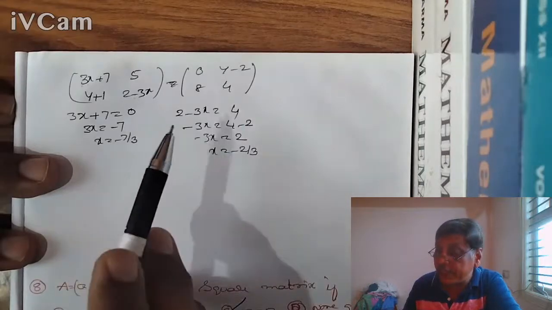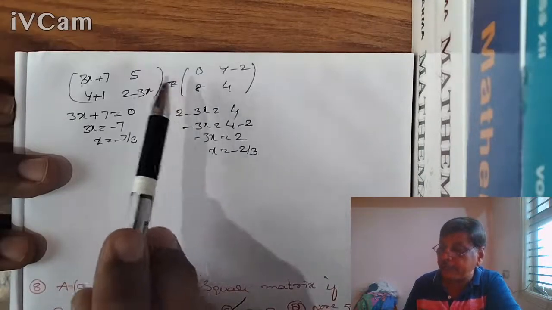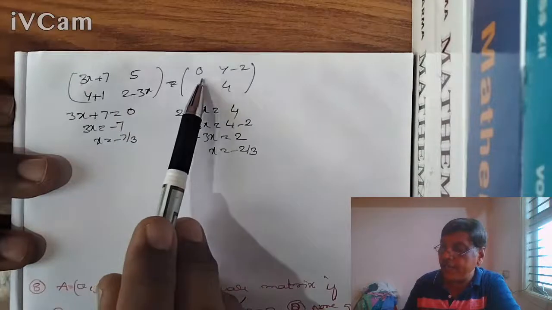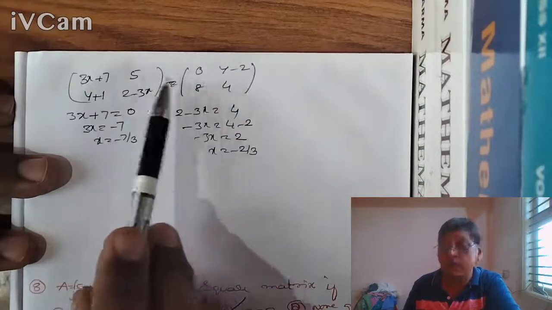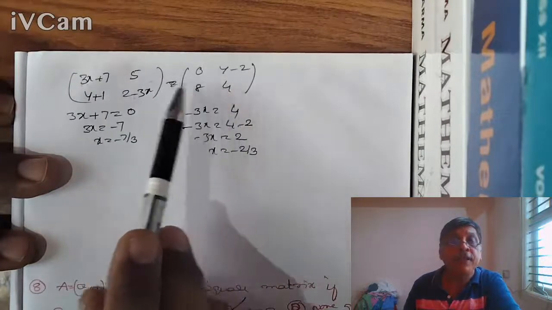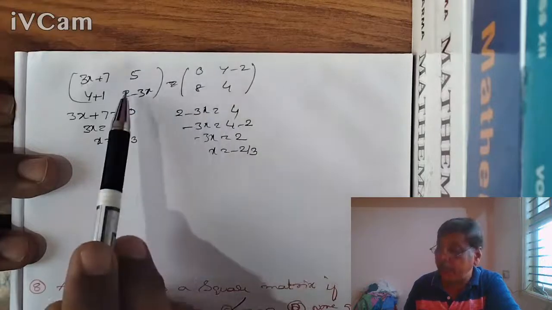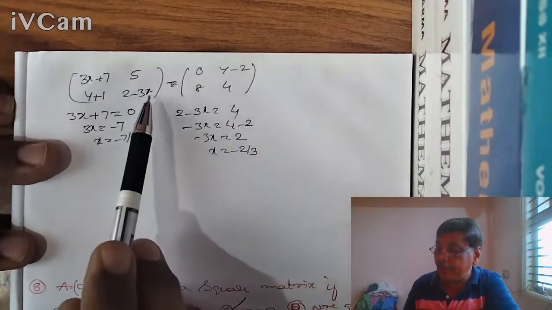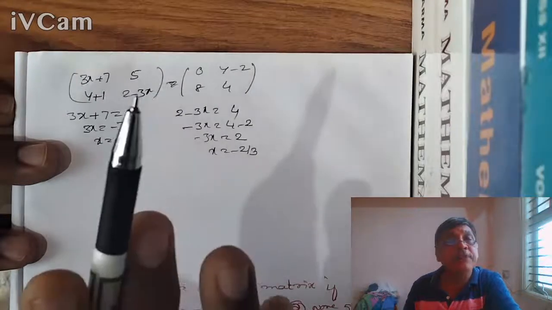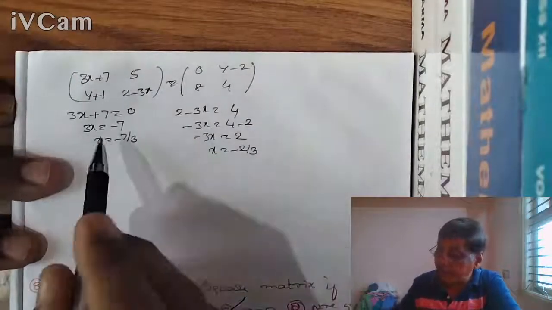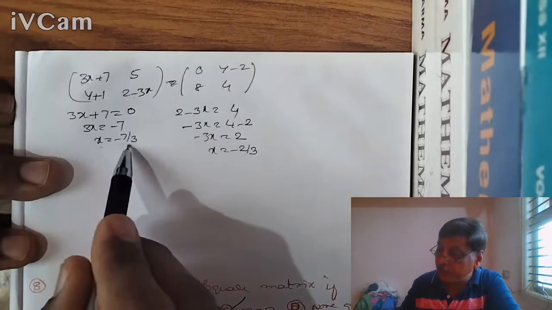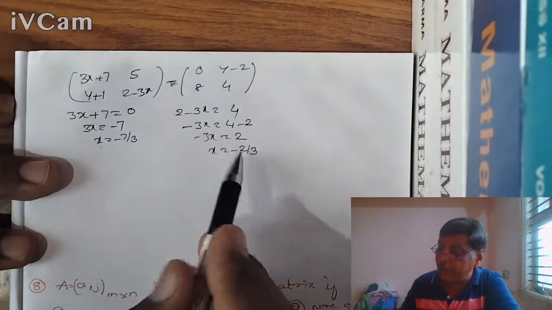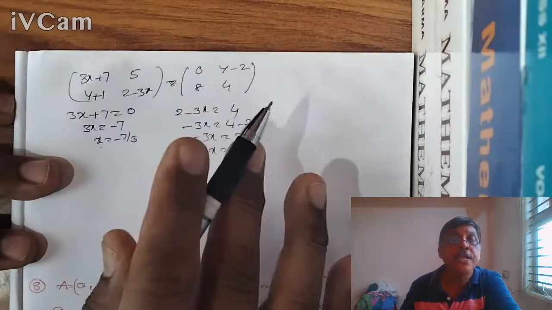Our definition says that two matrices are said to be equal if their orders are the same and corresponding elements are the same, which means the values of x and y should be unique. But here we got x equal to minus 7 by 3 and minus 2 by 3, so x is not unique.